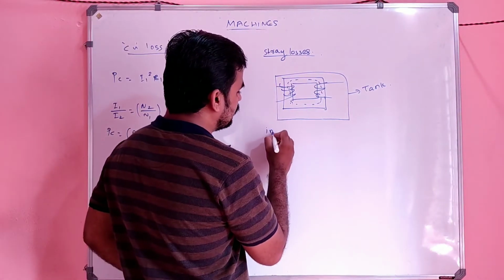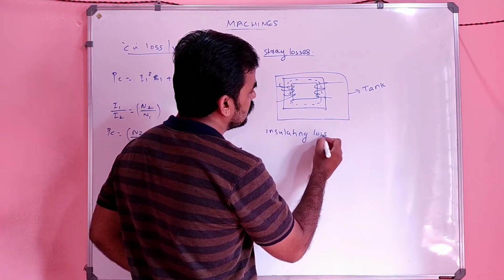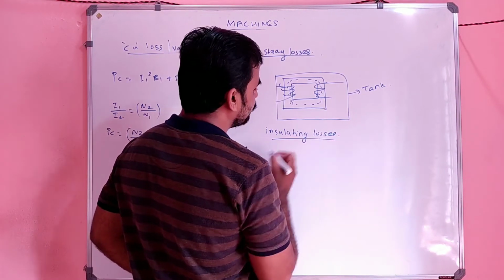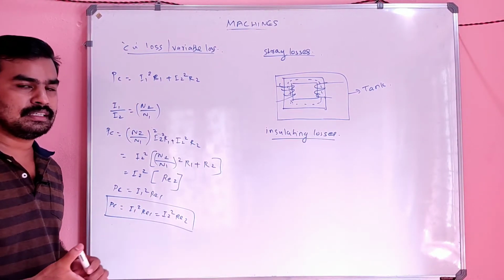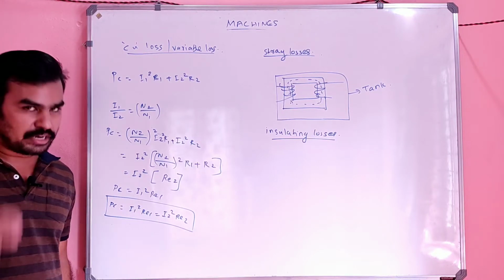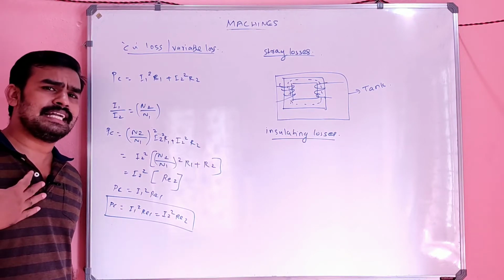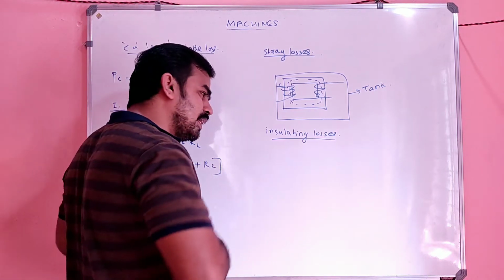The next loss is the insulation loss, or insulating loss. These are the losses in the insulating material in a transformer. For example, we know that in the transformer there is a high voltage winding as well as a low voltage winding.